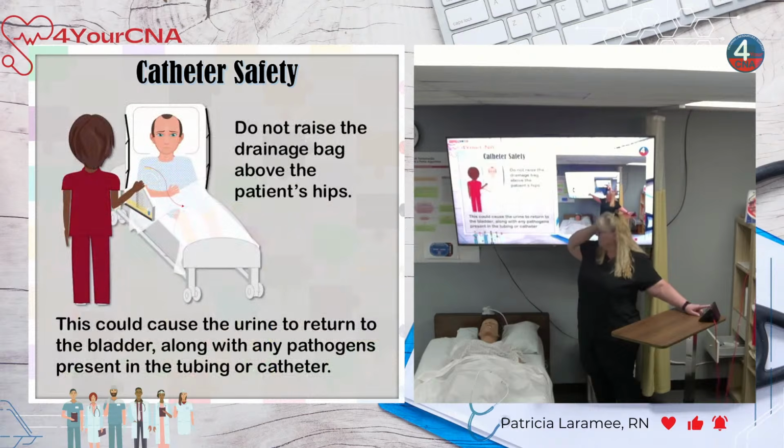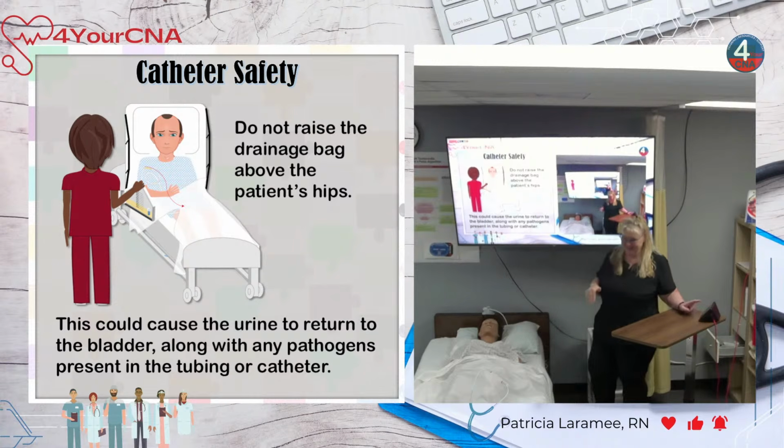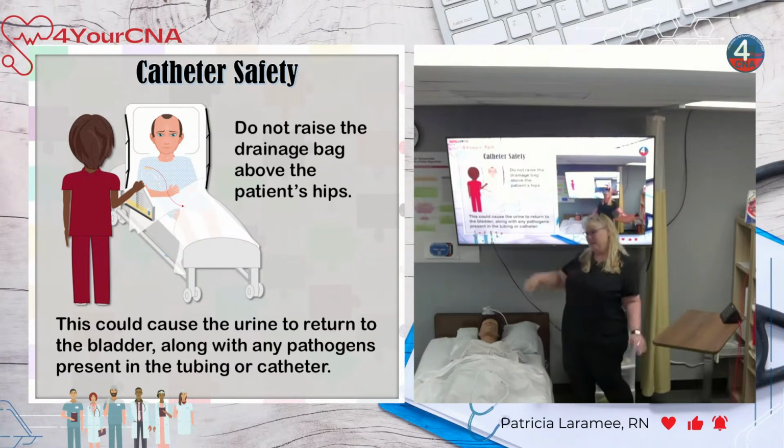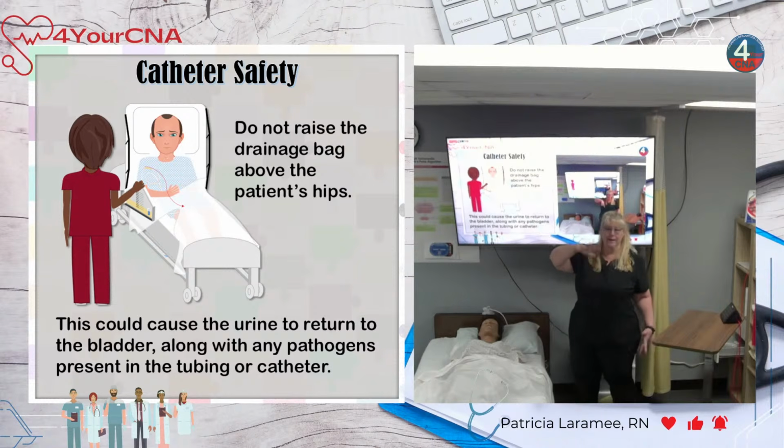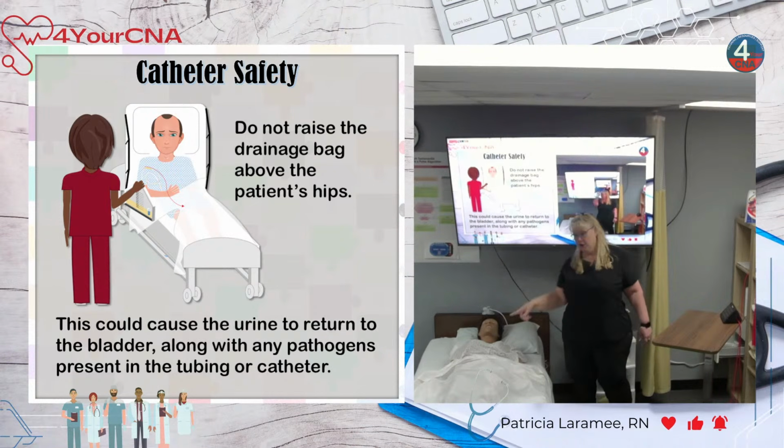They also need to be below the level of the hips. Because if you raise the bag above the level of the hip, whatever's in that tubing, it's like a water flume. It's going to go right back into the patient backwards. And all the bacteria that's in the way is going for a water ride right into the bladder.